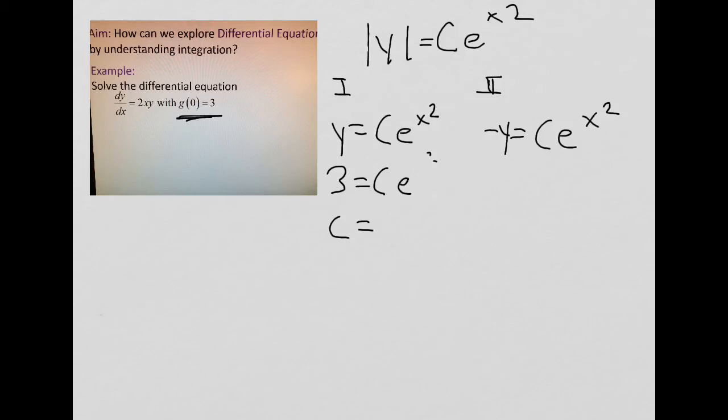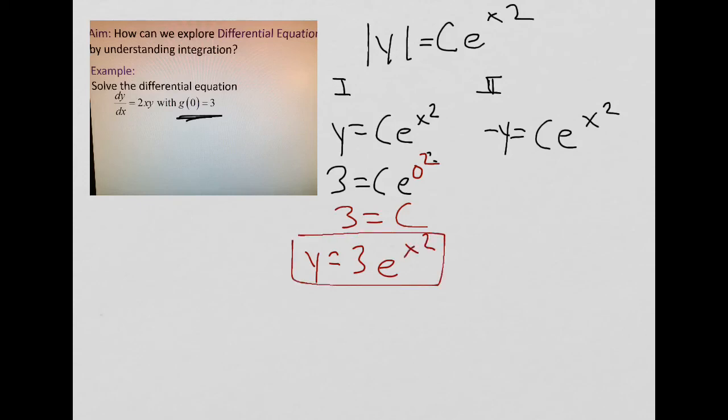That's supposed to be 0. So e to the 0 power is 1. 1 times anything is c. So c is equal to 3. Hopefully I didn't lose you there. Let me write it the other way so you can clearly see that. So that means that y is equal to not ce to the x squared, but 3e to the x squared. Okay, you're done.